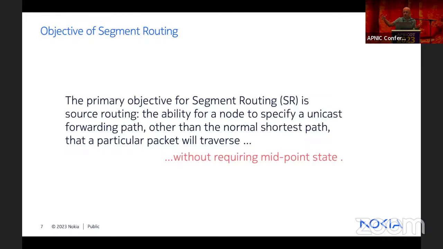The only nodes that have to have state are the two nodes at the edge, the endpoints of this flow. You don't want any of the other nodes in the network to have any state, like RSVP-TE. And as I mentioned, RSVP-TE suffers from the problems of a lot of state, lots of refresh messages, and just coping with that as the number of tunnels in your network grows.